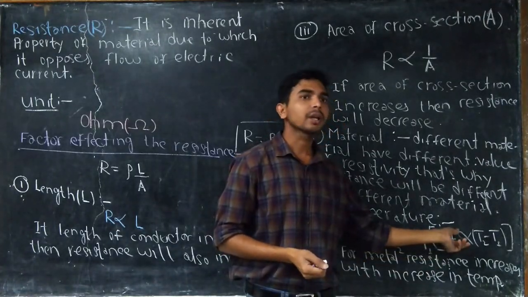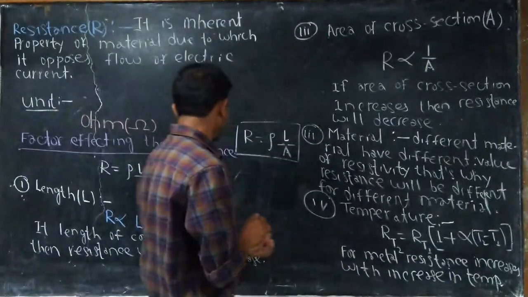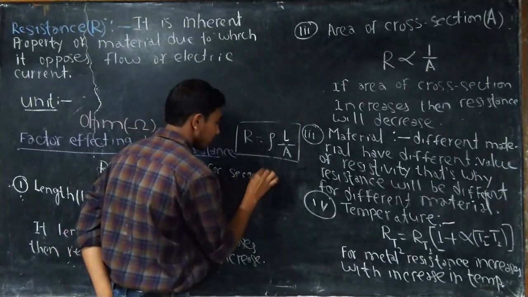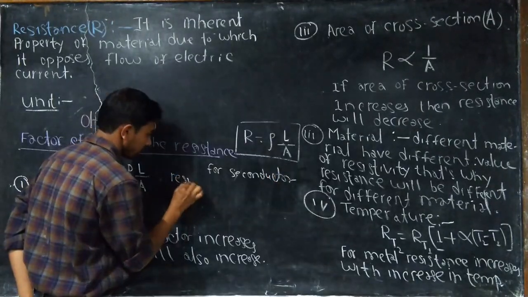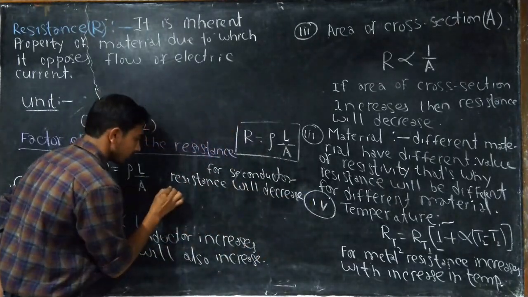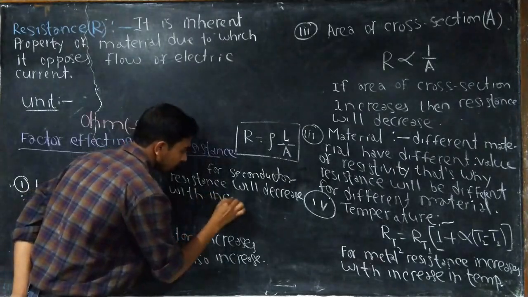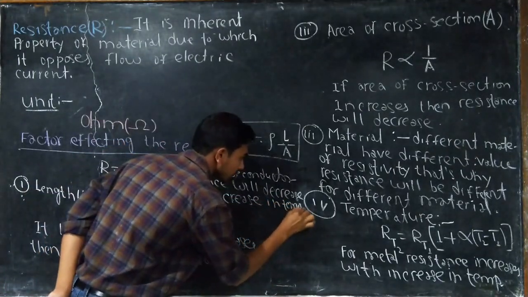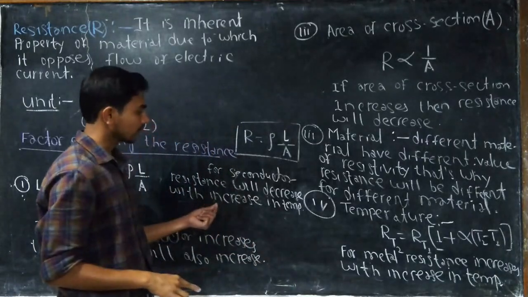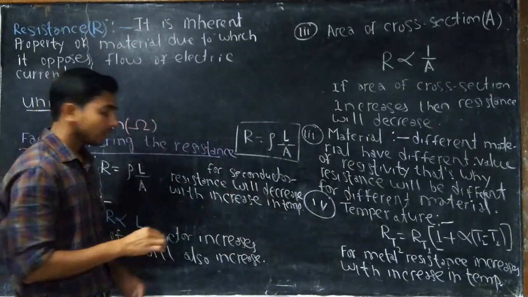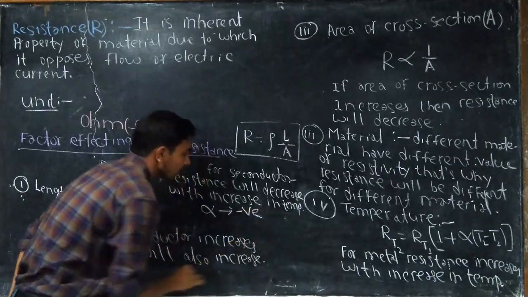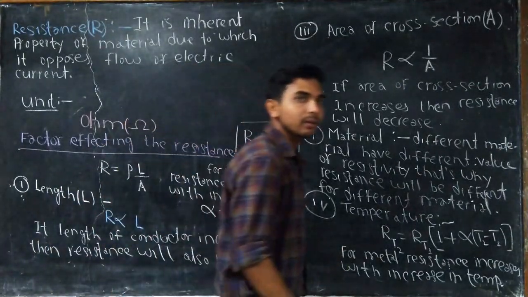Because a semiconductor has a negative value of alpha, and for metal alpha has a positive value.